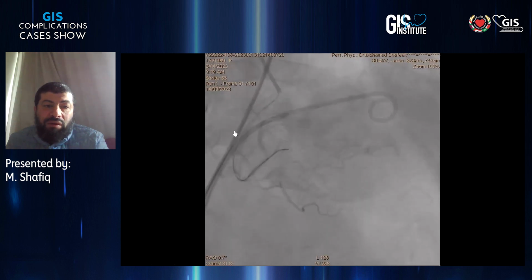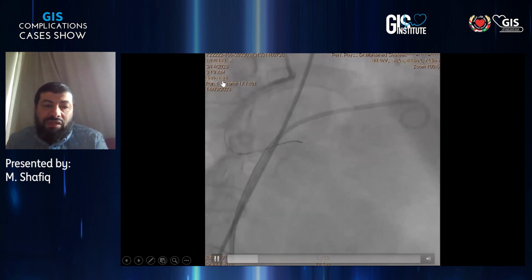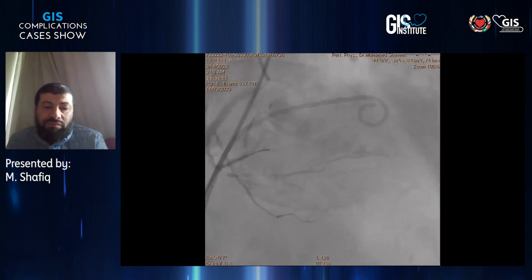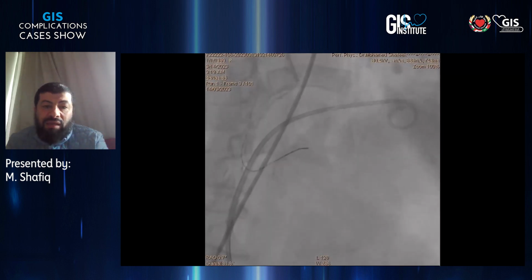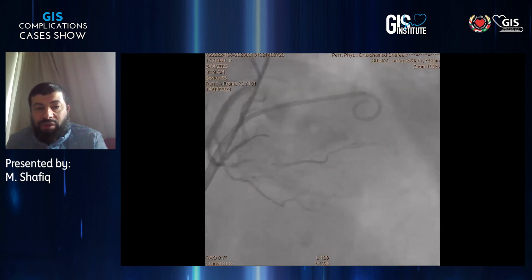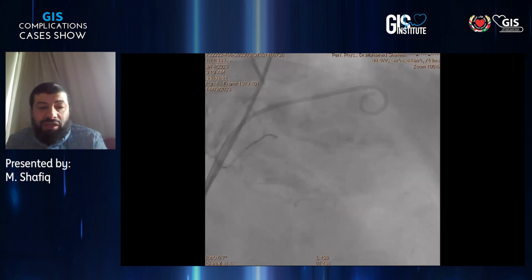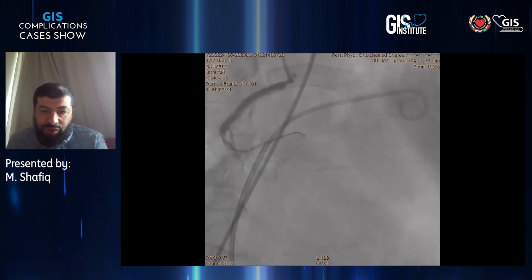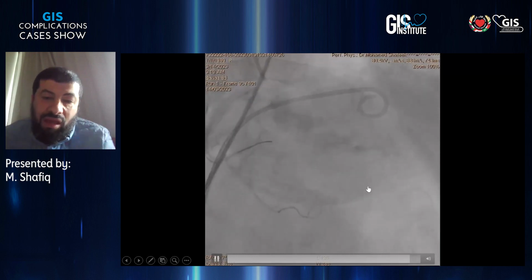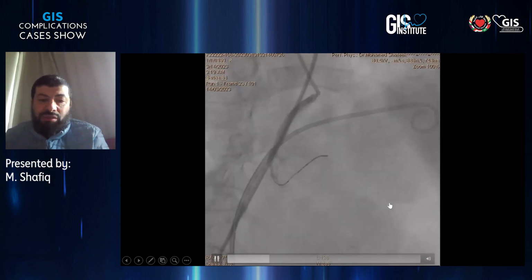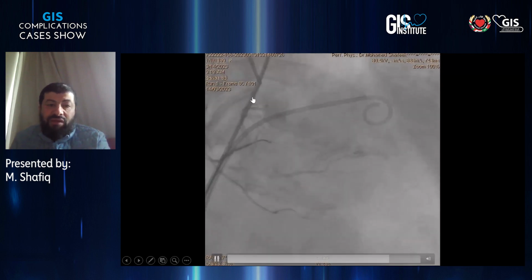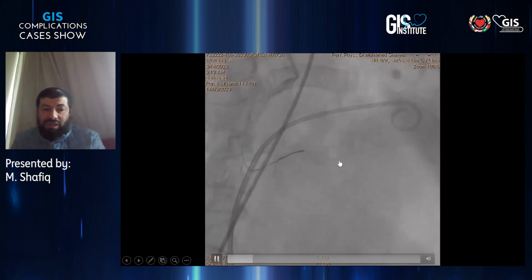Now we are about 18 minutes since this second inflation. I decided to go for protamine reversal of heparin because every time I check, I have flow in this perforation. So I had to take a very courageous decision to go for heparin reversal, although I have a stent in the proximal part, although I still have the wire and the balloon inside.